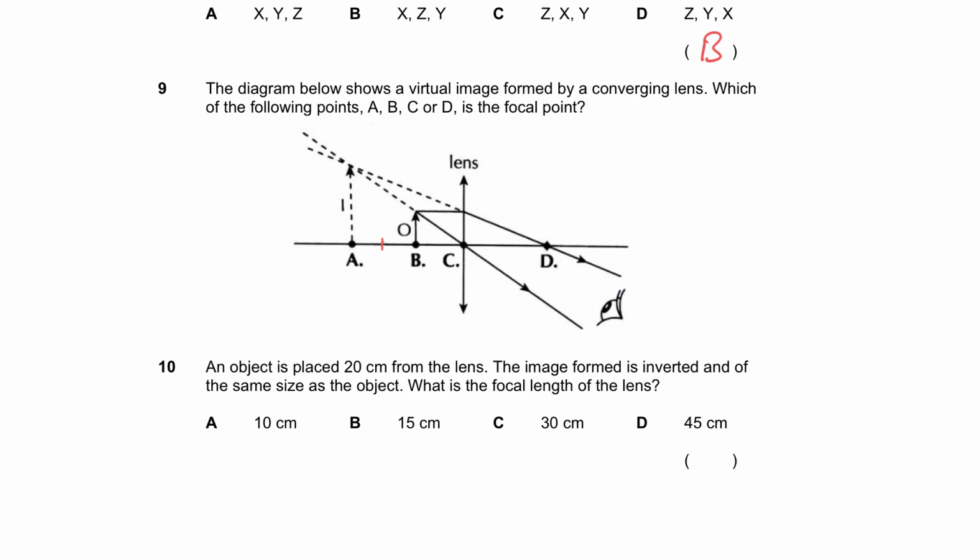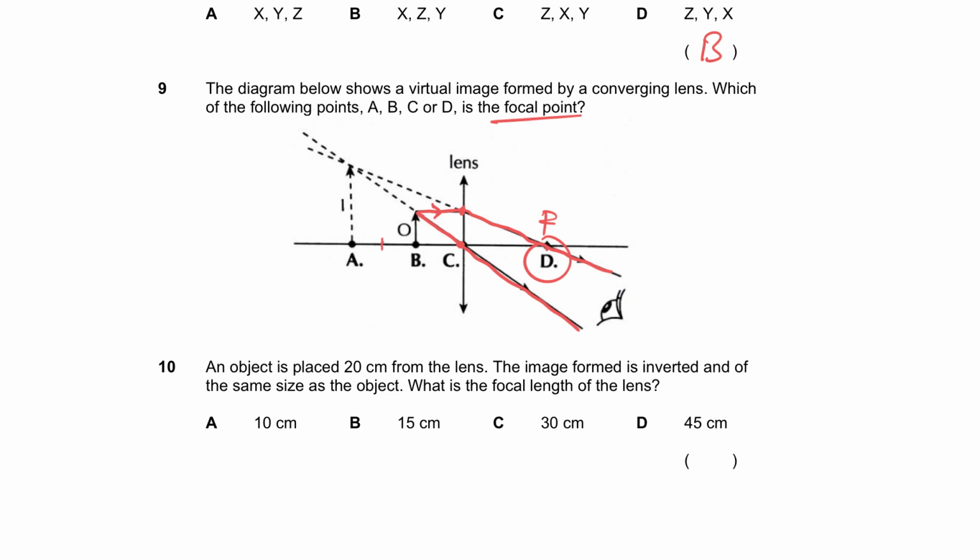But nonetheless, when they ask you where's the focal point, do you remember the 2 or rather 3 rays that you need to know how to draw, because there are rules to follow. One of them is this: if the ray passes through the optical center, it will go straight. The other ray is if it is parallel to the principal axis, after passing through the lens, it must pass through F. That's the reason why the answer is D. D is the focal point.